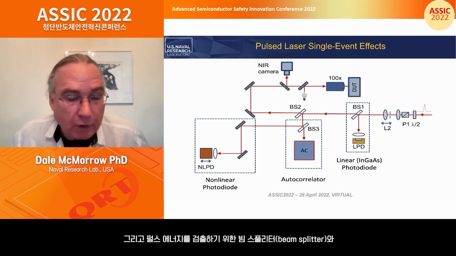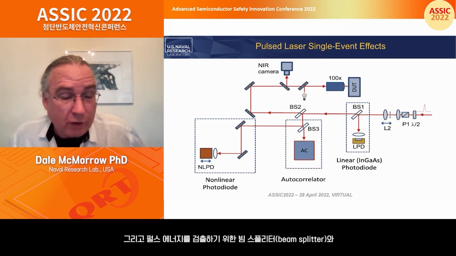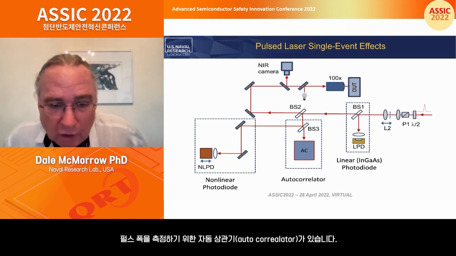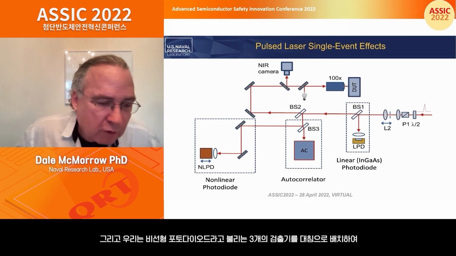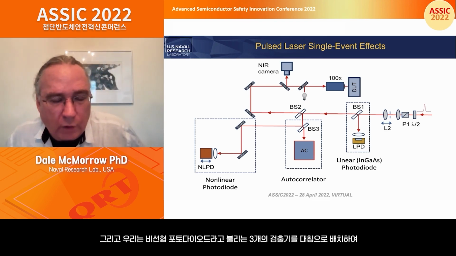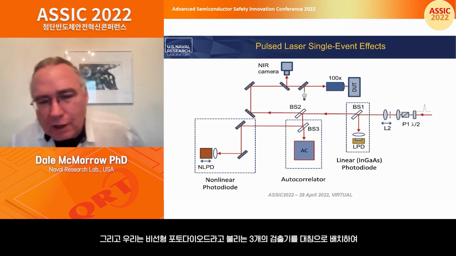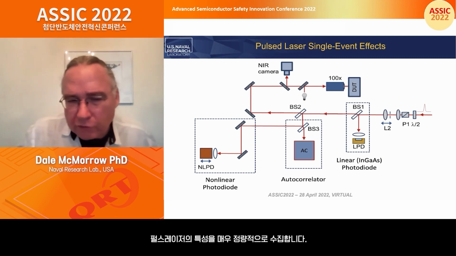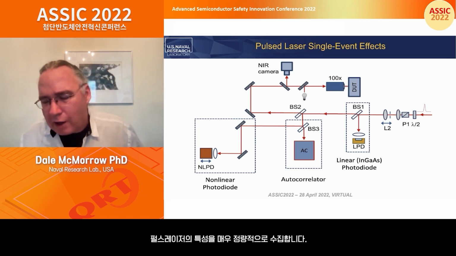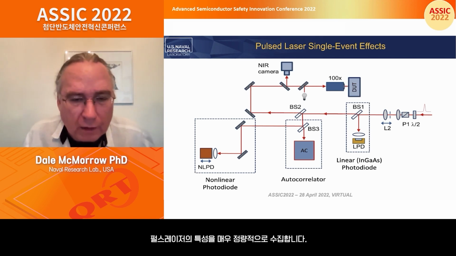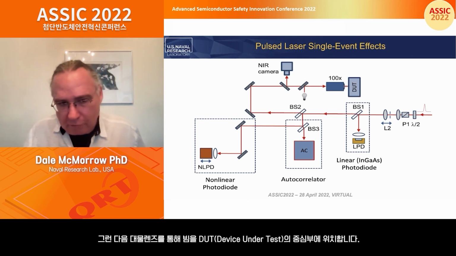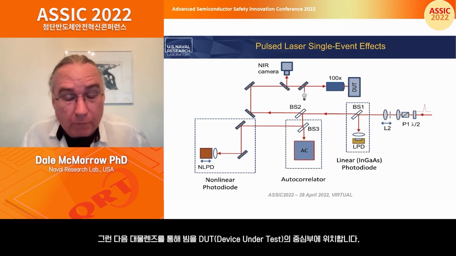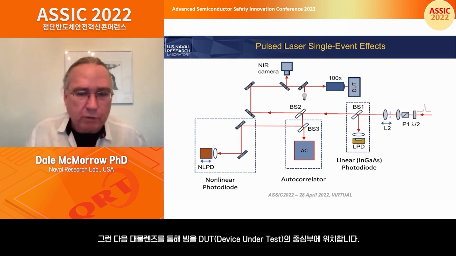We have a beam splitter to detect the pulse energy, an autocorrelator to measure the pulse width. Then we have what's called a nonlinear photodiode, where we use these 3 detectors together to do dosimetry, to really quantitatively characterize what's going on in the laser pulse. And then the beam is sent through a microscope objective onto your DUT.